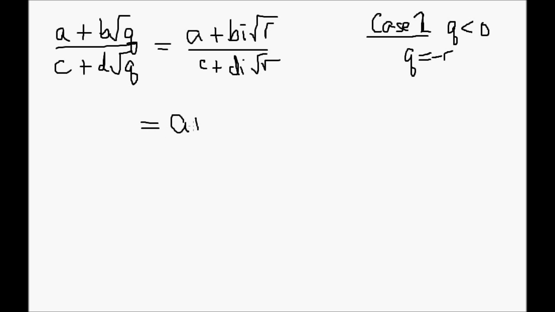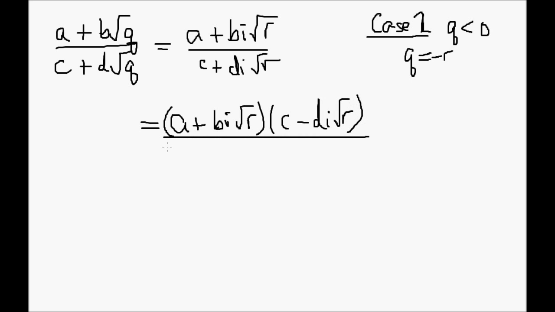We have (a plus bi times the square root of r) times (c minus di times the square root of r), divided by (c plus di times the square root of r) times (c minus di times the square root of r).